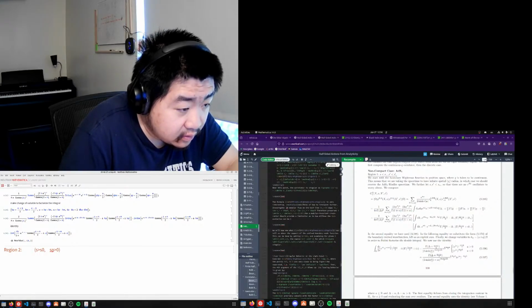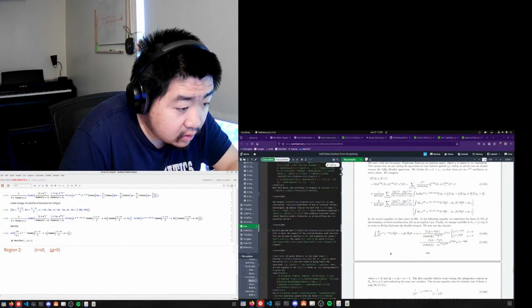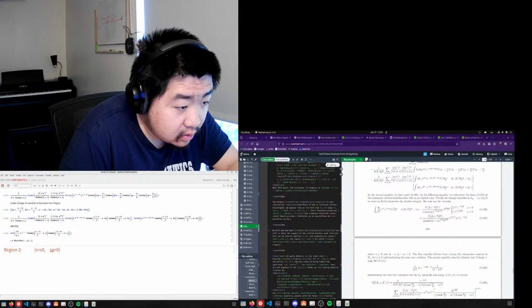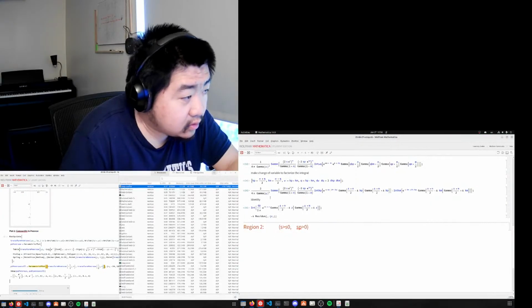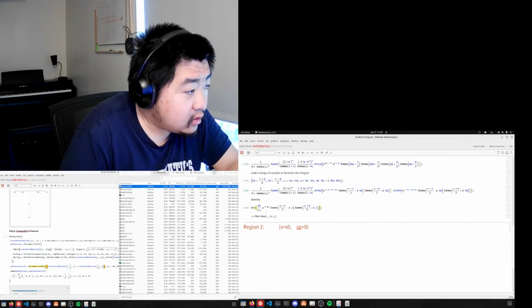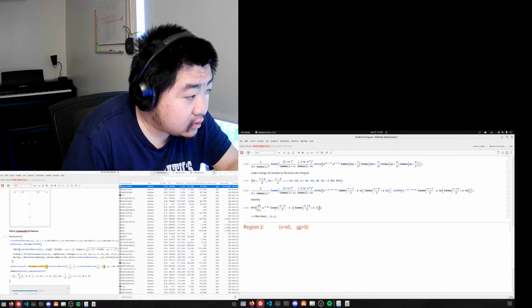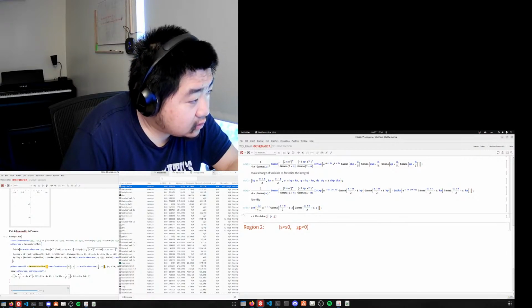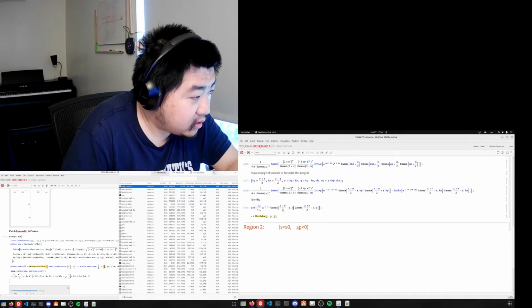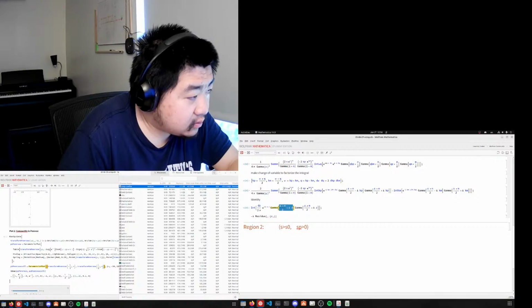A is greater than 0. Okay, that's a little strange, but okay, so if A is greater than 0, I want to close in the lower half plane.